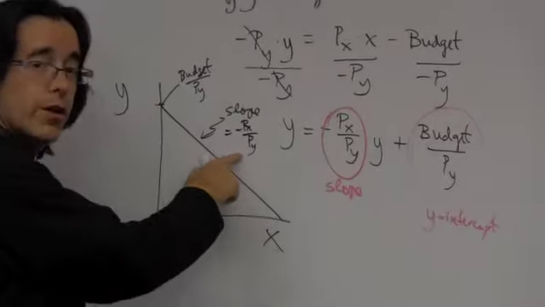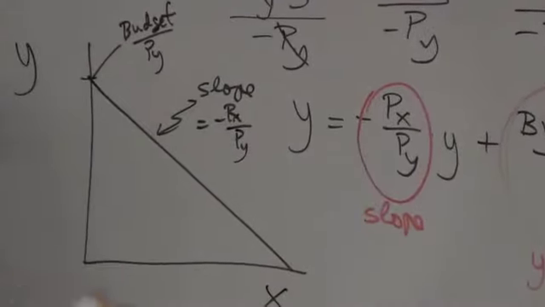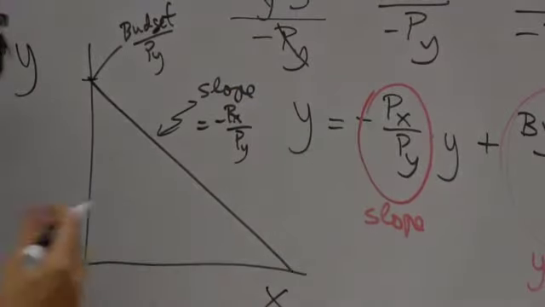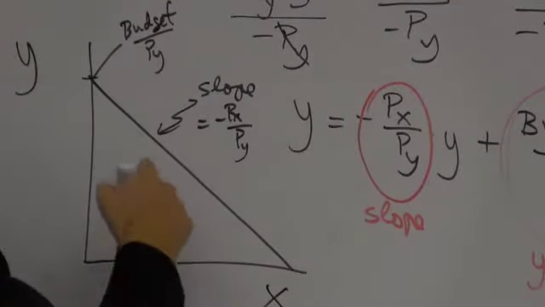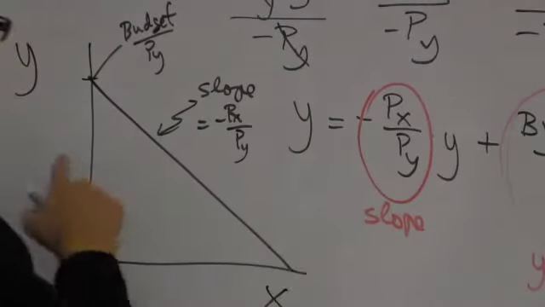Again, I want to note that this is in an order that seems backwards, but based on the derivation, we know it's correct. So we have the slope and we have the Y-intercept.